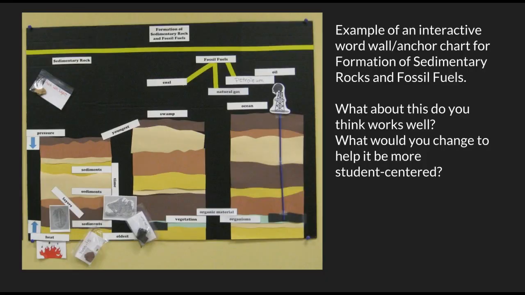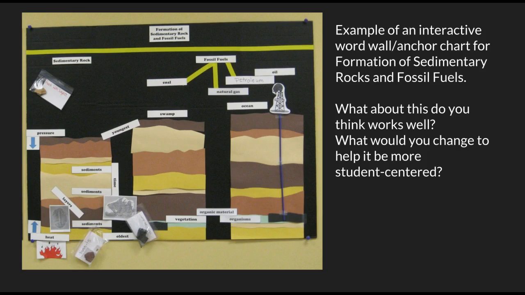Okay, finally, I just wanted to show some examples of some interactive word walls and anchor charts for a couple of things. These were found from Dr. Jackson's Science Toolkit Facebook page. And I thought these were kind of interesting. I highly suggest that when you see interactive word walls or anchor charts on whatever resource you're looking at, Science Toolkit, or maybe you look up some things on Pinterest or Teachers Pay Teachers, always look at them with a critical eye and think about what about it might work for you.